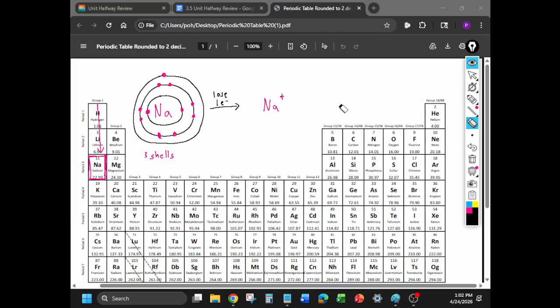So you're going to get rid of that electron. Are there any electrons in the outside shell now? No, it's empty, which means that when sodium loses the electron, it's going to lose the third shell. It's going to lose the outside shell. So if you draw a picture of Na+, it's only going to have 2 shells.